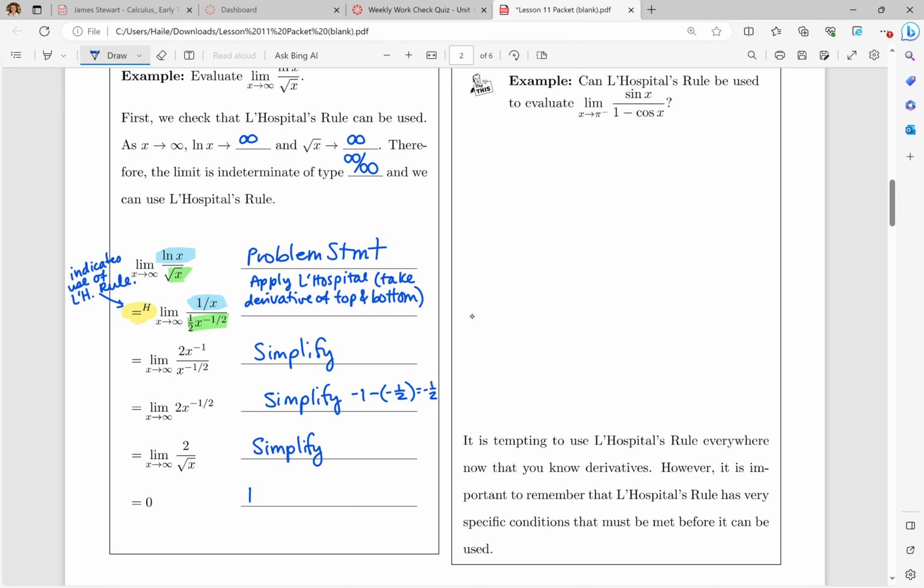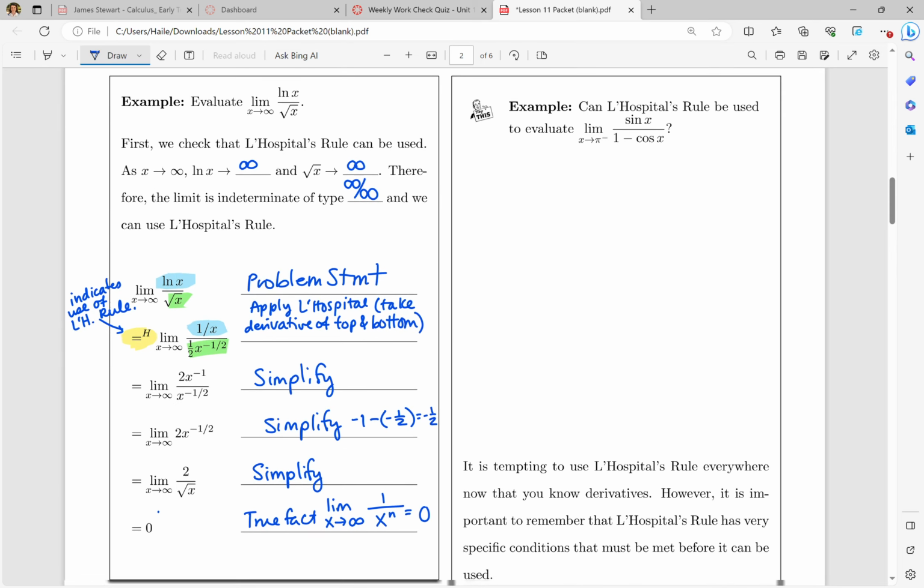Let's call this a true fact. Okay, and the true fact we're using here is the limit as x approaches infinity of 1 over x to the n is equal to 0. So remember, square root of x is just a power. So x to any power in the denominator with a constant on top is going to approach 0 as x approaches infinity. So we get that our overall answer is 0.